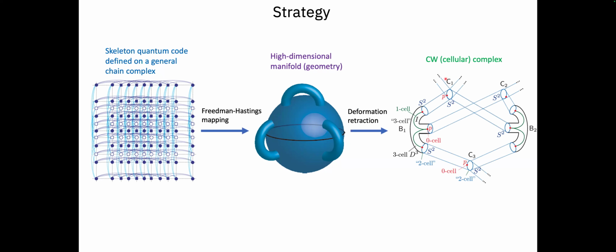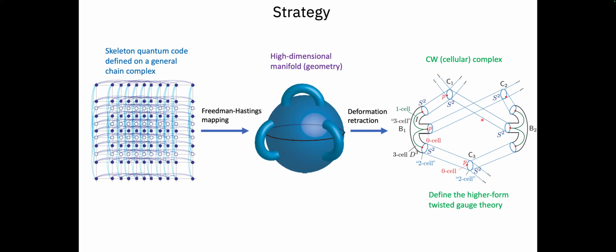To be more compact, to reduce the overhead, we also further deformation retract this manifold to a CW complex, which we will explain in detail. We will define the previous higher form twisted gauge theories directly on this CW complex.